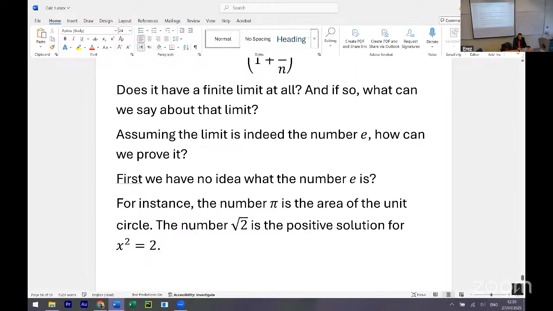What is e? The sum? Right? I need some definition. What is this number? Even if I don't know how to calculate it, in order to prove that something tends to something, I need some kind of definition to work with.